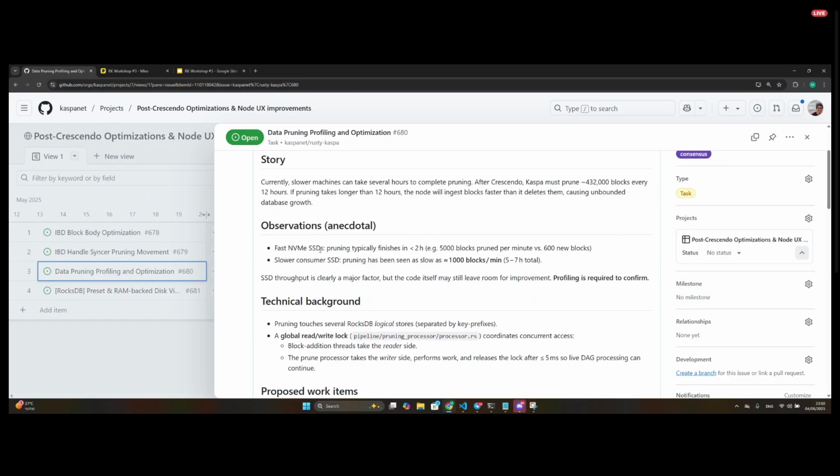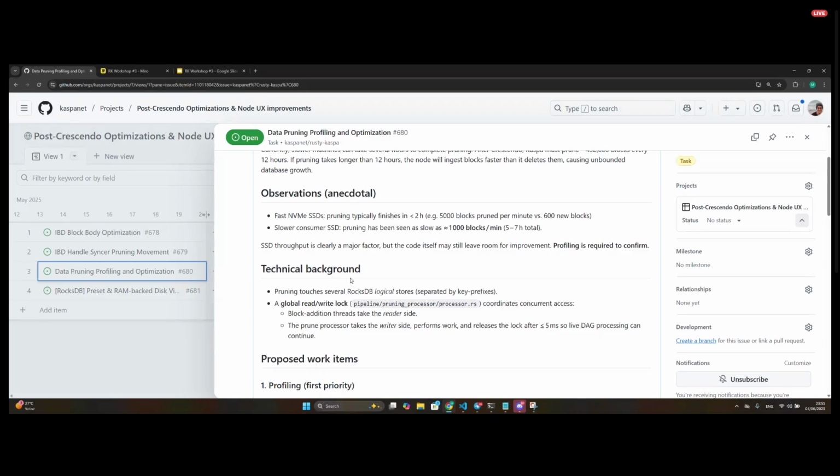On my Linux servers and nodes, which are always very fast, pruning typically finishes in under 2 hours, maybe even under an hour, depending on how strong the server is. Order of magnitude of 5,000 blocks per minute. Still not so fast, but it's not even close to the production rate of new blocks, so it's very safe. And eventually it will catch up.